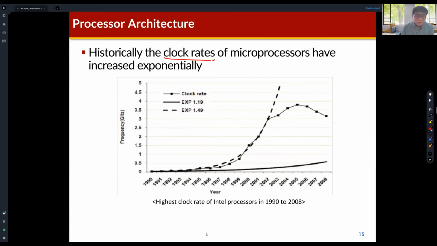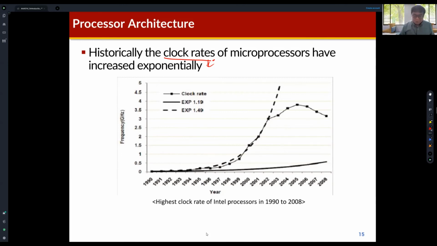If the clock frequency is high, that means these CPUs run very quickly, right? Then how can we implement these high clock rates? If we use very fast transistors, then we can implement high frequencies in CPUs. That's why advanced semiconductor technology is required for high performance CPUs.